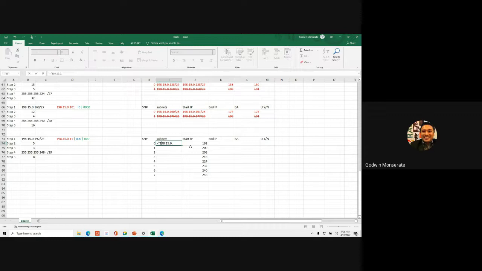Kani, ampersand. Is it correct? Then, ampersand /29. There you are. 192, then 200, etc. Then, paste. Values.